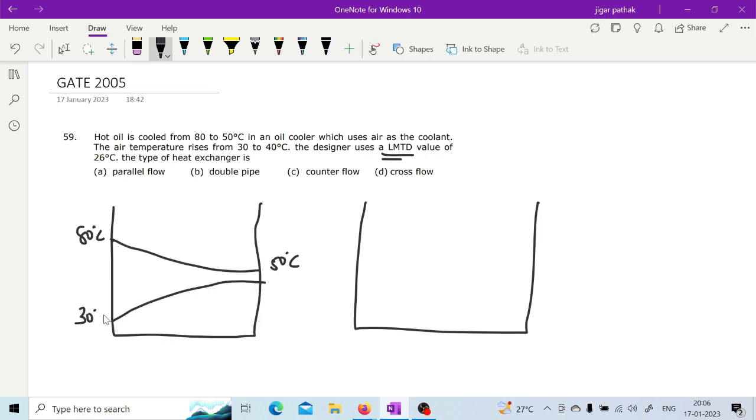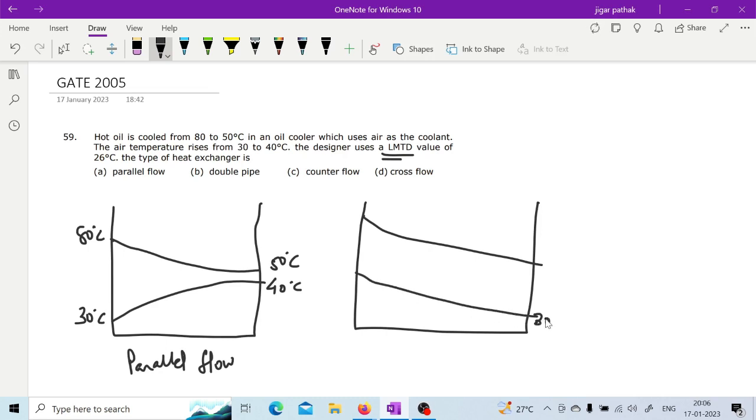Let us see. So this is your parallel flow, right? And what is going to happen in counter flow. This will be 80 to 50 and this will be 30 to 40, right?